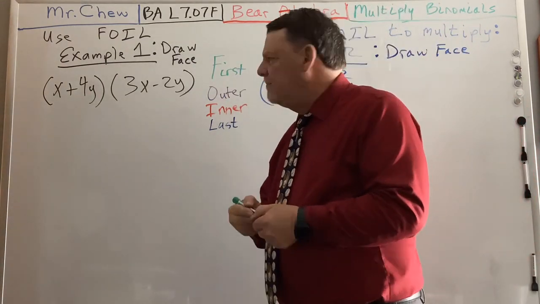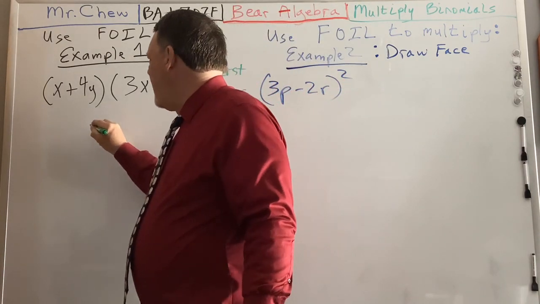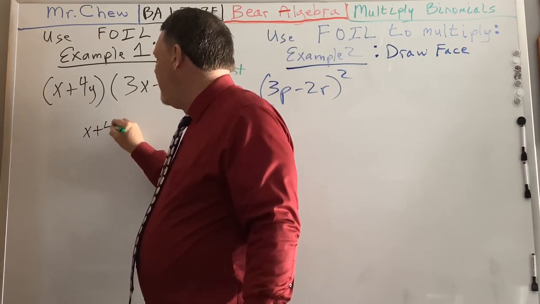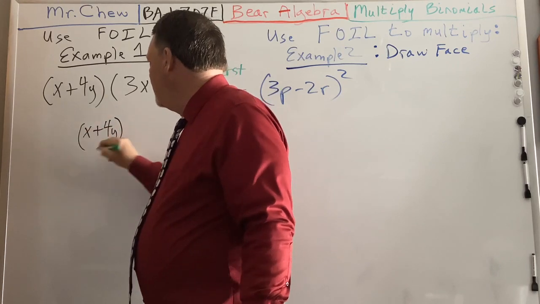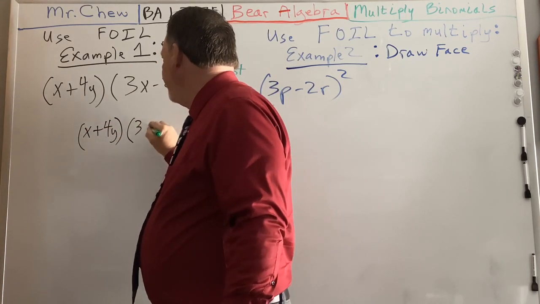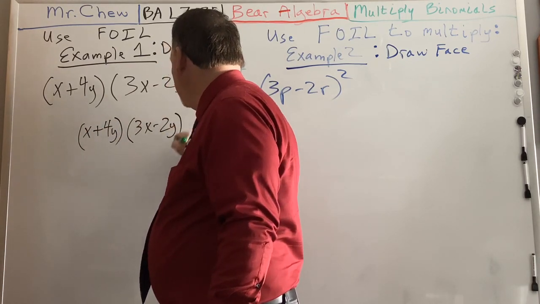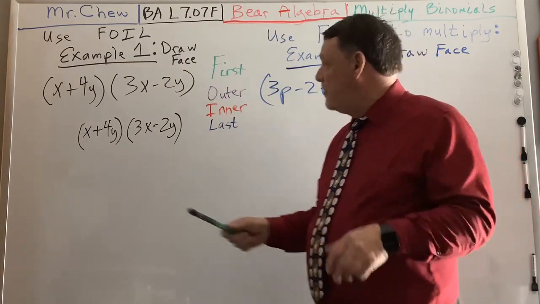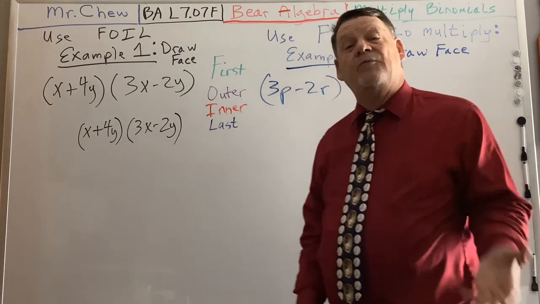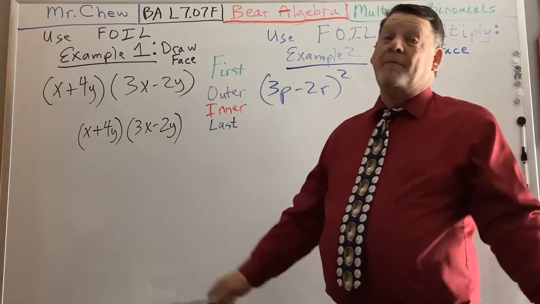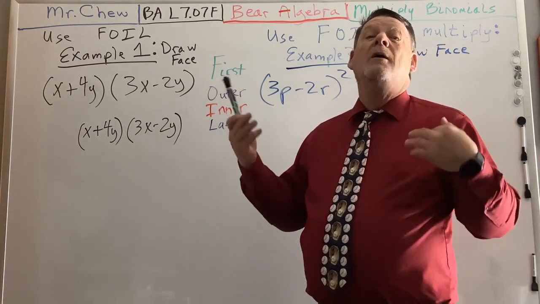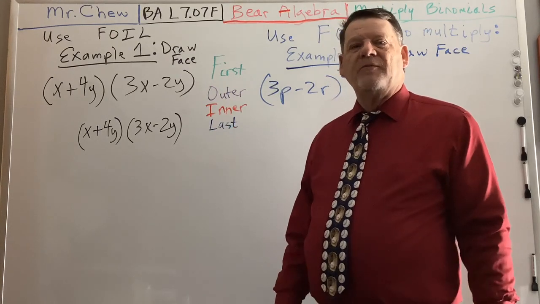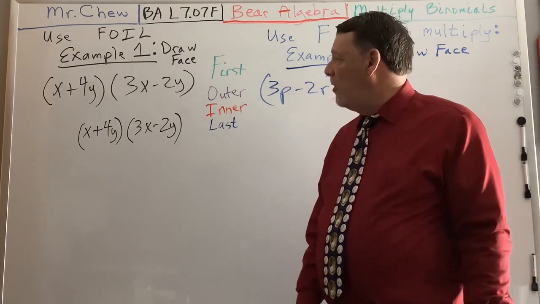Well, I'm going to rewrite it down here so I can draw my face easily. Now, when you're multiplying two binomials, which means each has two terms, you can use FOIL. If one of them's a trinomial or a higher number of terms polynomial, you can't use FOIL.